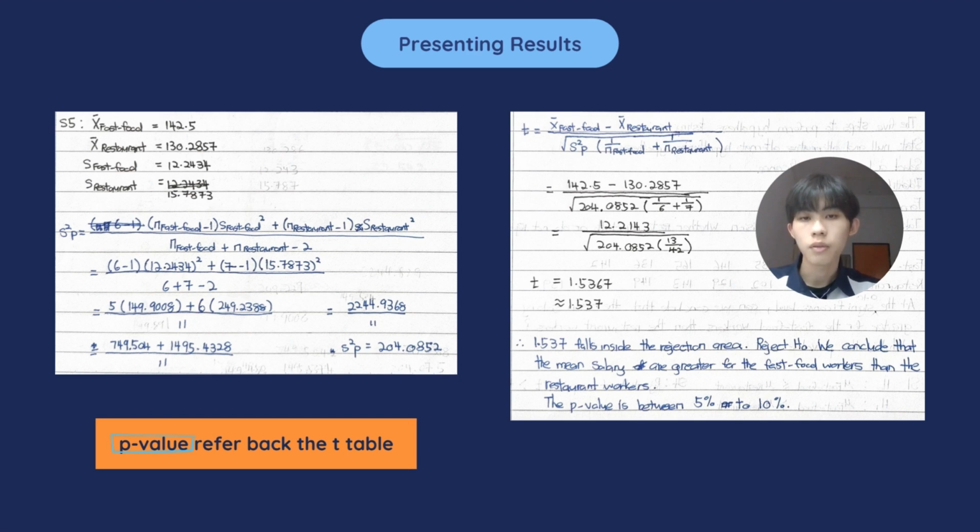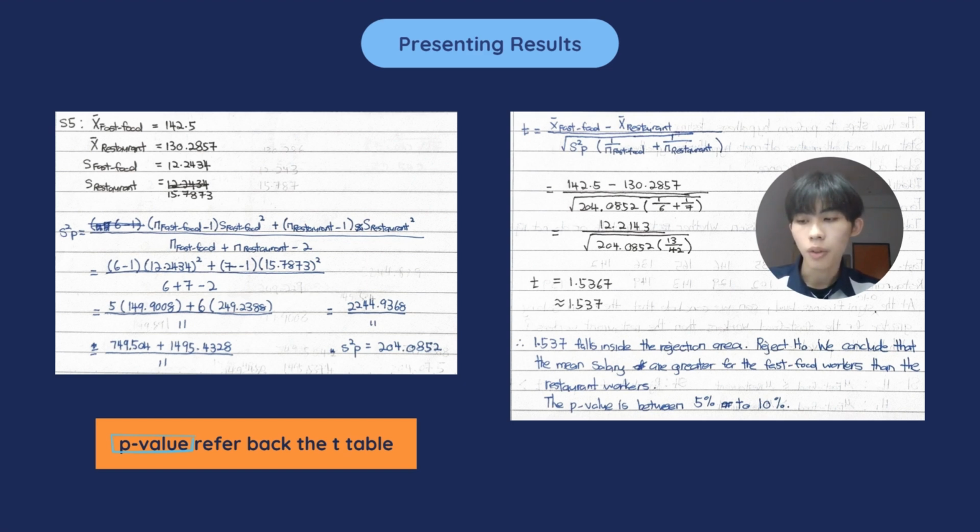So just plug in the values we just calculated and we will get 6 minus 1 times 12.2434 squared plus 7 minus 1 times 15.7873 squared, divided by 6 plus 7 minus 2. And also we will get 5 times 149.9890008 plus 6 times 249.2388, divided by 11.